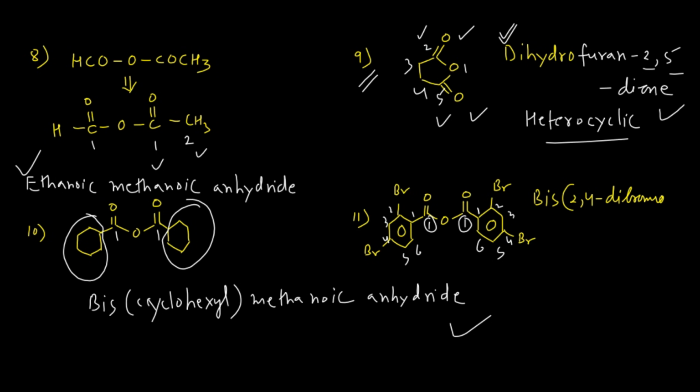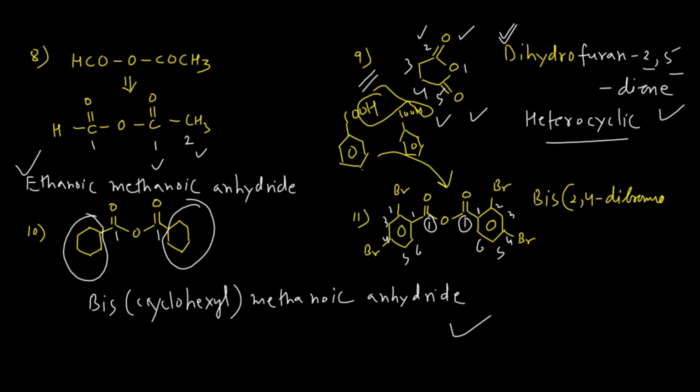And this is the derivative of benzoic acid, right? I hope you know what benzoic acid is. Benzoic acid is whenever your benzene is having COOH. When you have two benzoic acids, OH and H will be removed from here, and you form this anhydride type of thing.